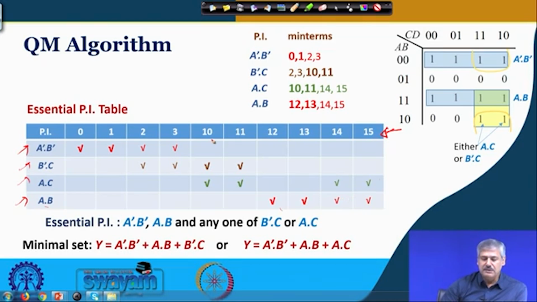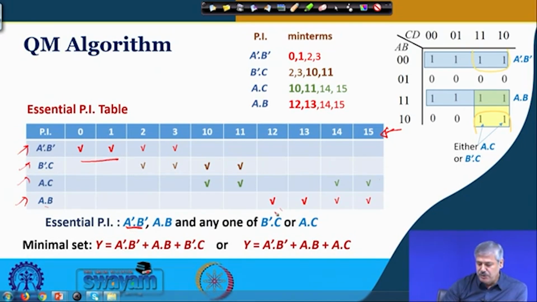Now, when we look at this essential prime implicant table and the corresponding prime implicants, A prime B prime is an essential prime implicant. Understand this point? Because if it is not considered, then min terms 0 and 1 will not be covered.